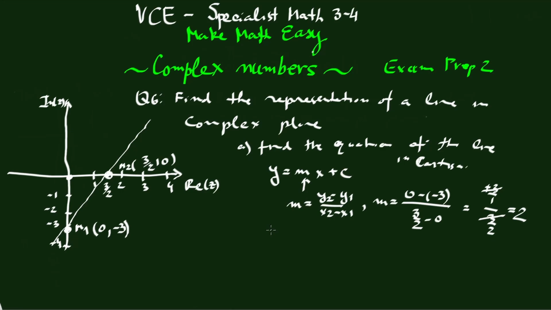So our coefficient is m equals 2, and the line looks like y equals 2x plus c.